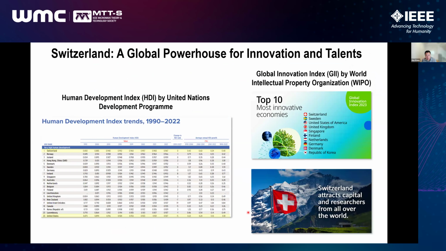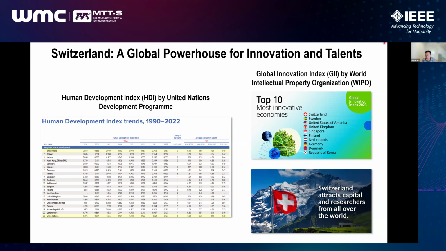If we look at Switzerland overall, it has been very proud of being a global powerhouse for innovation and talent. The United Nations Development Programme proposed the Human Development Index, which captures health, knowledge, quality of life and all these indexes overall. You can see that Switzerland has been at the top of the list among all the countries surveyed by the UN, I think in the past 13 years.